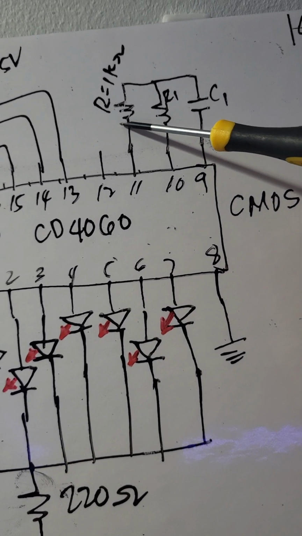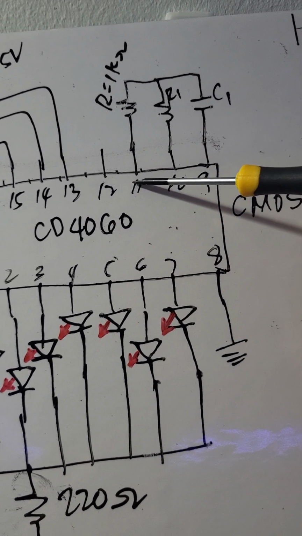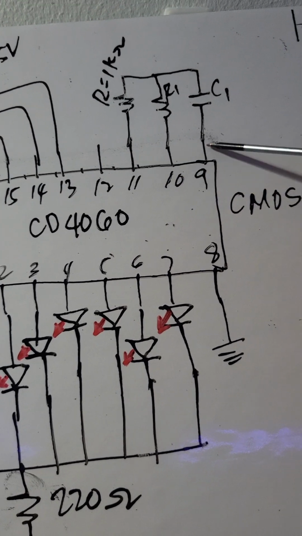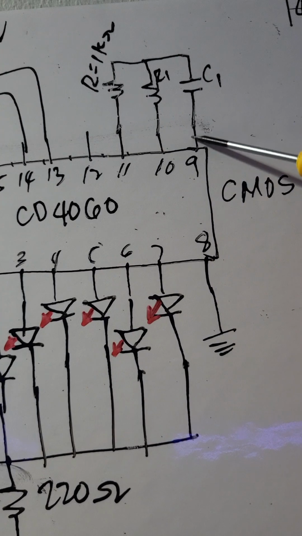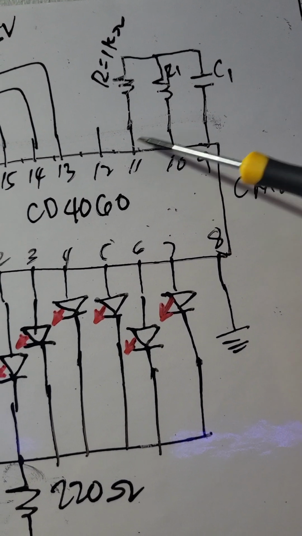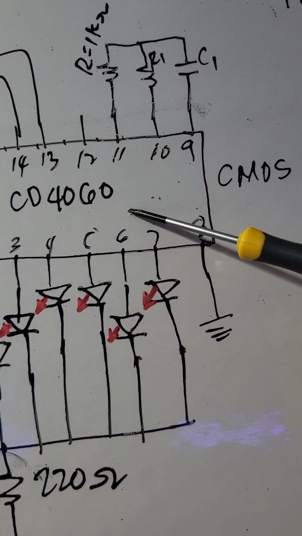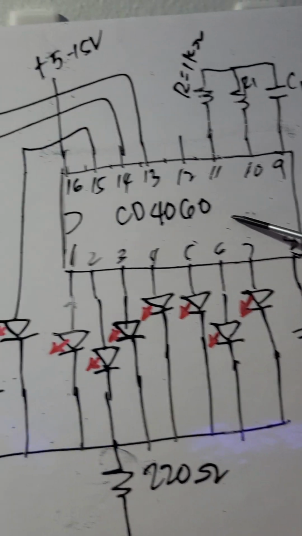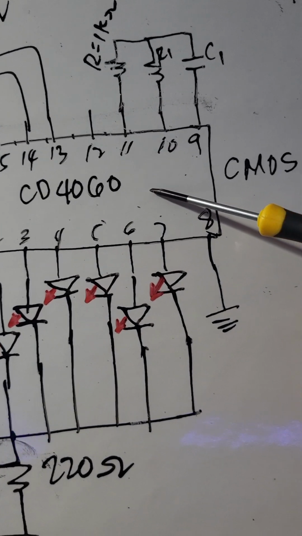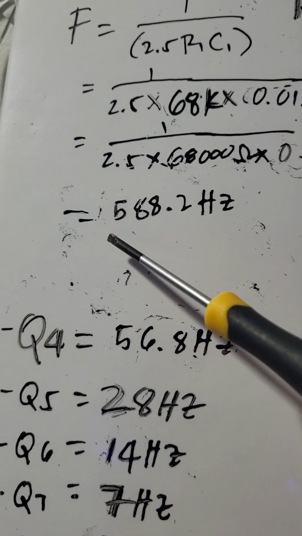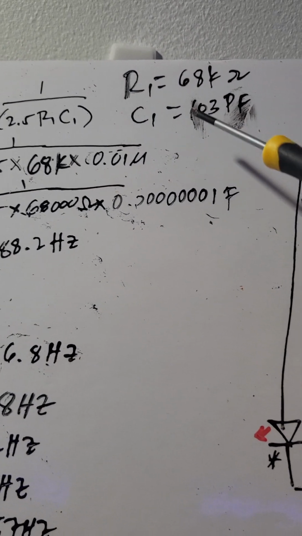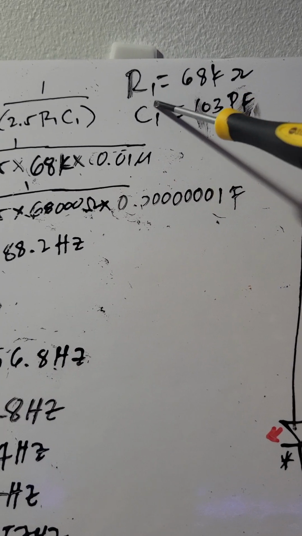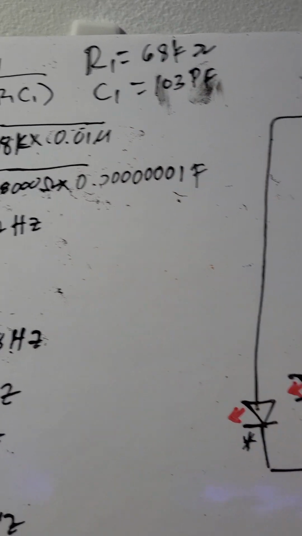It is just an additional part of these three pins as external components to set the frequency of the internal oscillator. So again, we got 588.2 hertz out of these two values that we use.